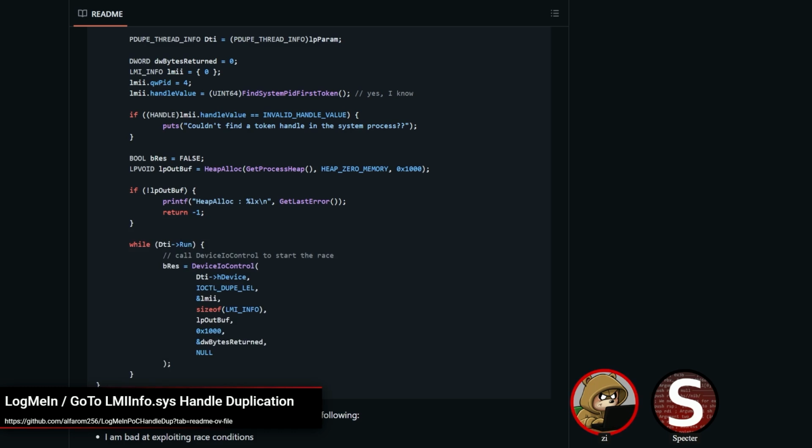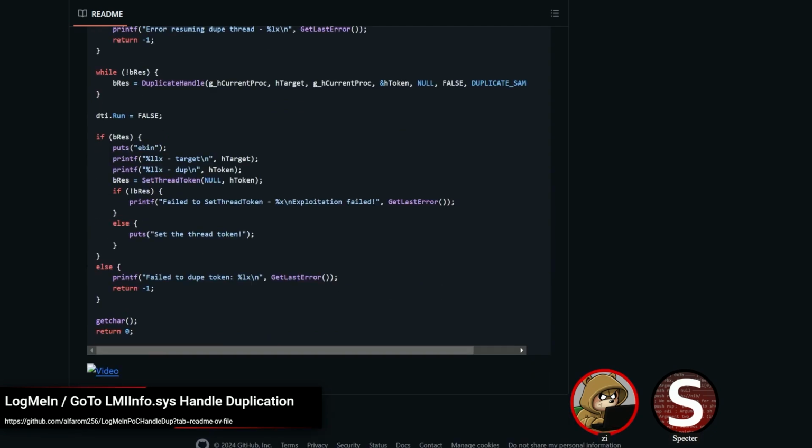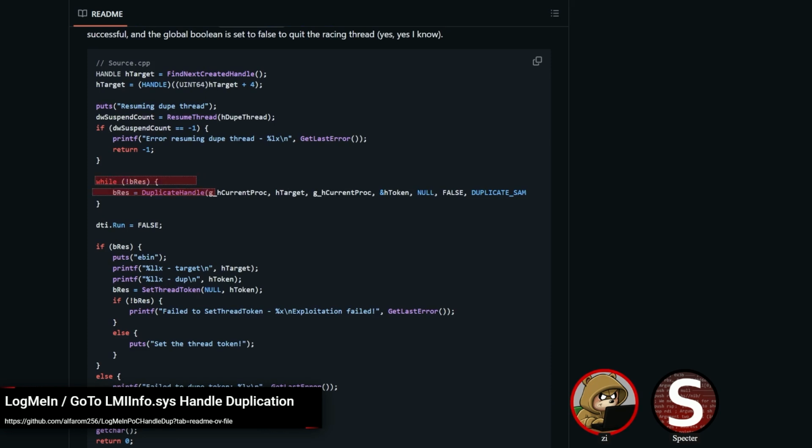We don't have the actual name, so it's just ioctl dupe lel, kind of like the name there. That's their one thread. Their other thread is pretty much the same thing. It's just calling duplicate handle in a while loop, trying to duplicate the handle, doing basically the same thing, and you're racing that period.